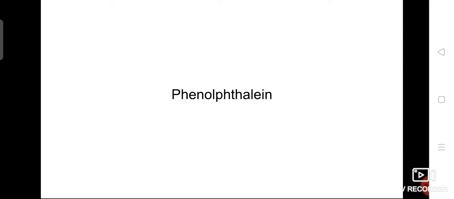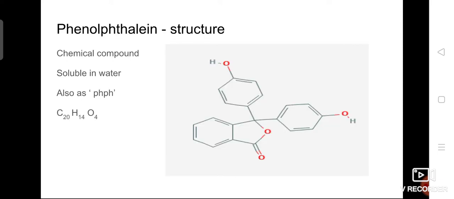A very common chemical indicator is phenolphthalein. What is it? Phenolphthalein. The spelling is very important. PHENOL, PHTHALEIN. Phenolphthalein. So now we are going to talk about what indicator? A chemical indicator.